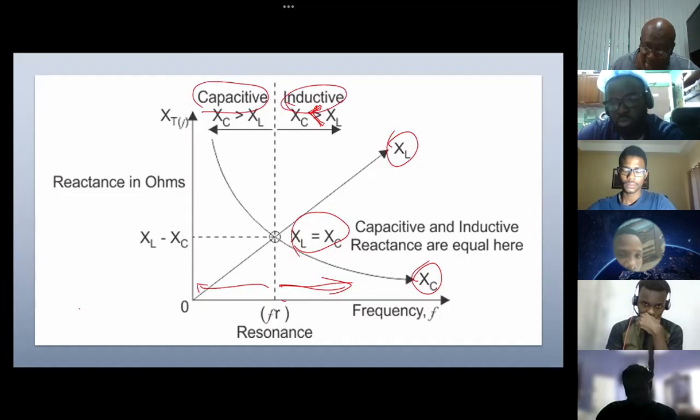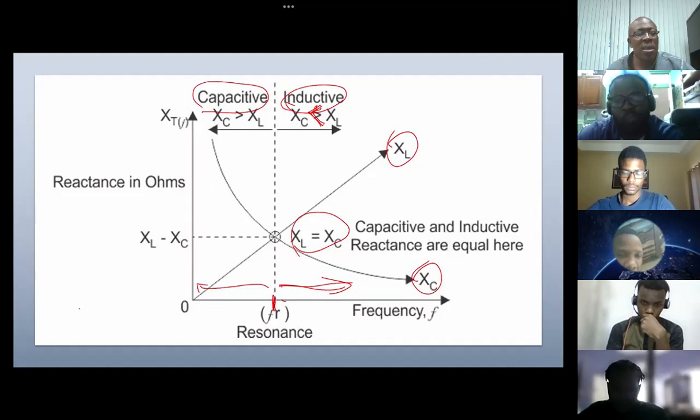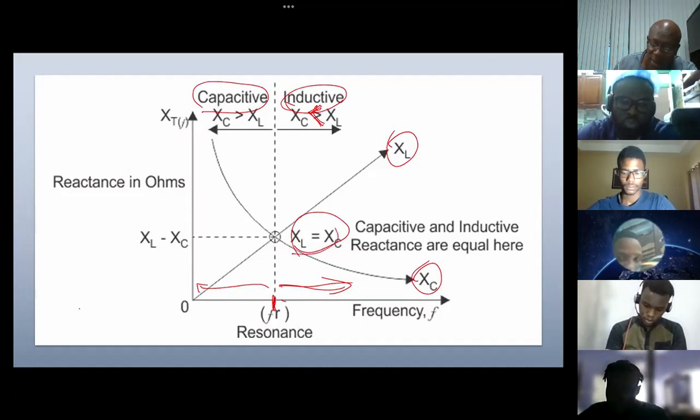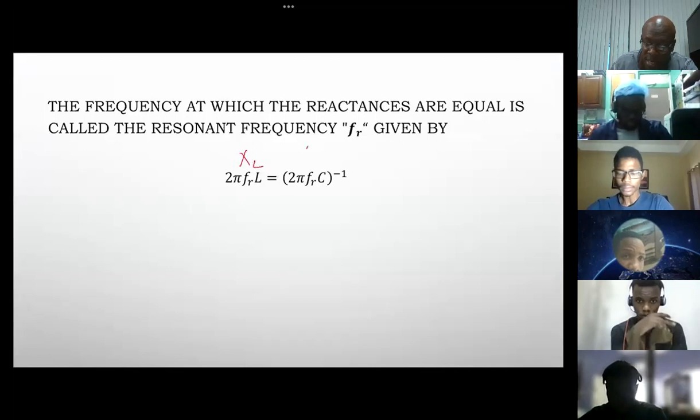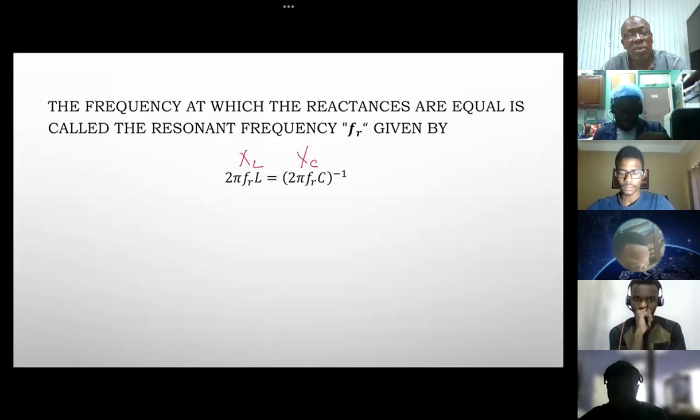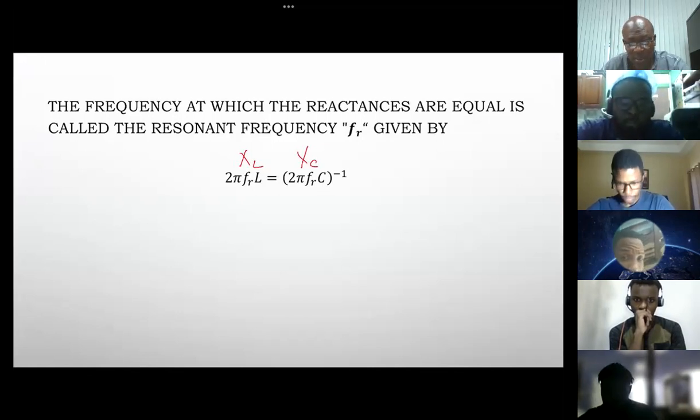However, at FR, the circuit is purely resistive. But we start by looking at XL being equal to XC, and we said that that occurs at this particular frequency, resonant frequency FR. So if I were to write the two expressions, XL and XC, I get that 2 pi FR L is equal to (2 pi FR C) to the minus 1.